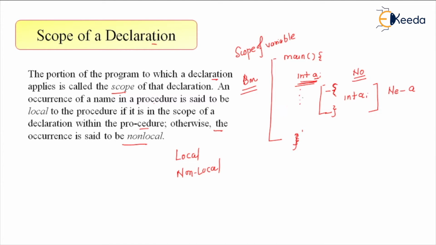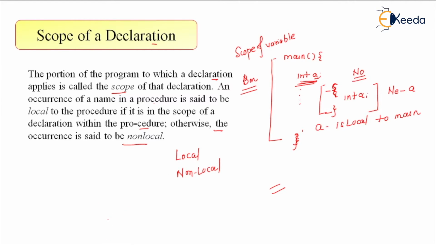In this scope, this variable a is local to main, and there is another a that is nested, which is local within its procedure. So this is the first topic.